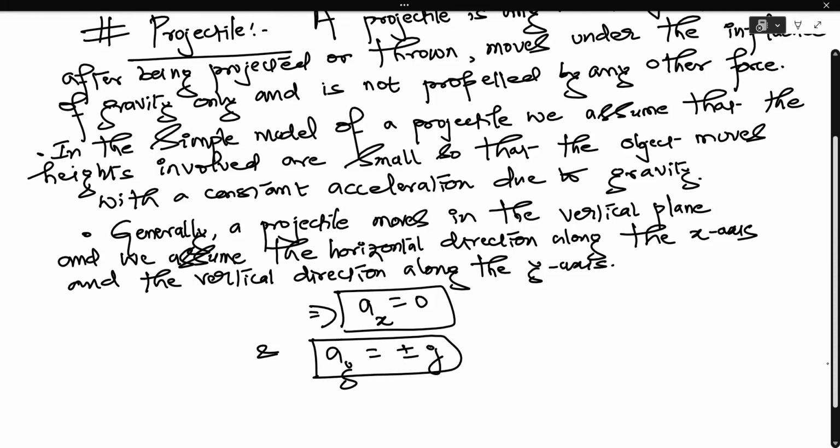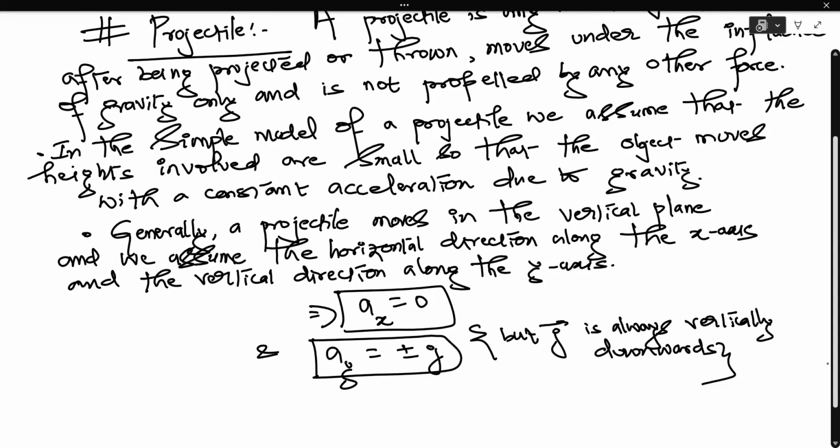Understood? So plus or minus depends on the direction that you have selected, but it will be along the y-axis. Right? So remember that plus minus g, but g is always downwards. Always vertically downwards. ঠিক আছে?